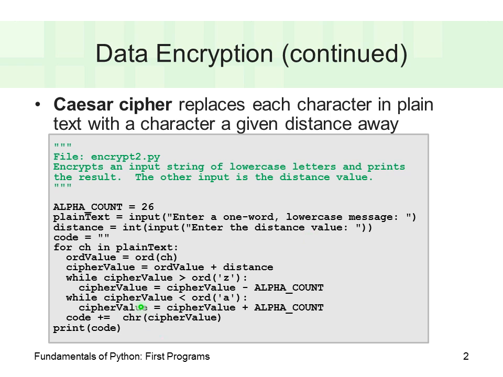So notice we haven't put any limits on the range of distance. So if our distance is less than 1 or greater than 25, we're going to have to do something about it. Actually, it'll work between 0 and 26. 0 and 26 will just, in fact, give us the same letter.